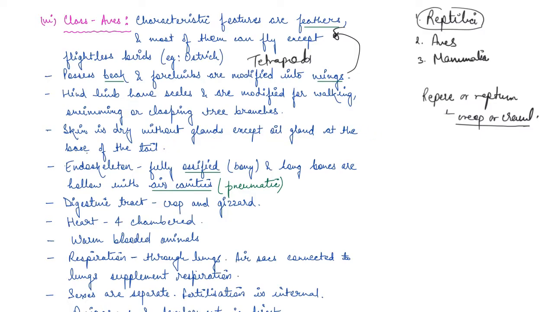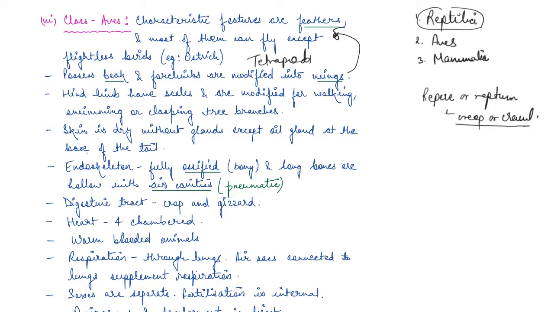So except for the base of the tail, they do not have glands at all. Okay, so basically, having oil glands makes your body heavier, right? Having oil on your body. And for them, since they are able to fly, their body should be very light. So the skin is always dry.